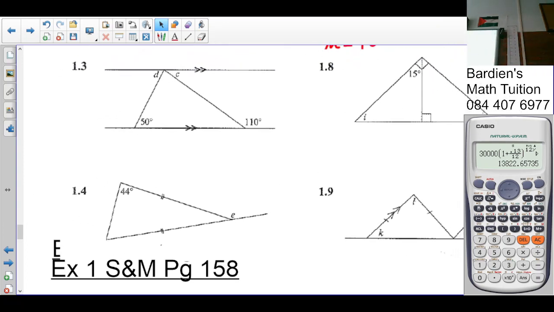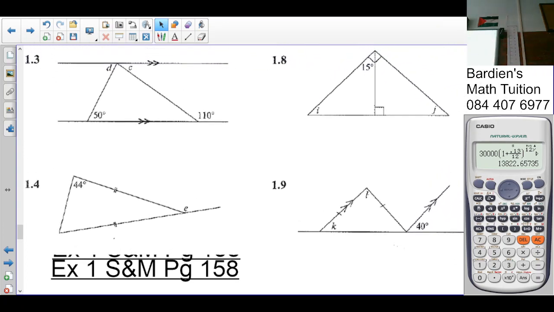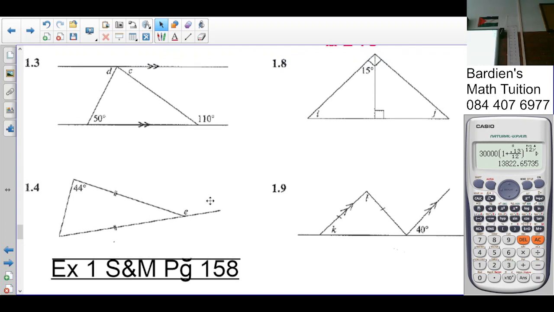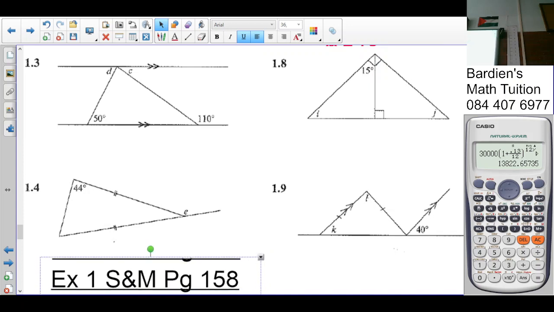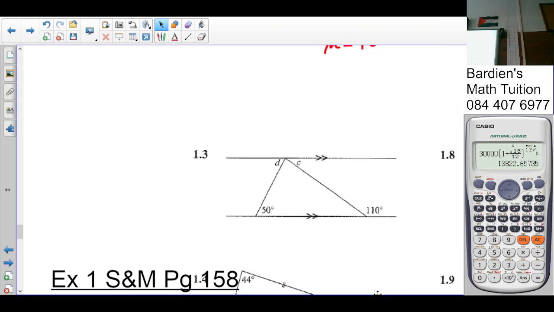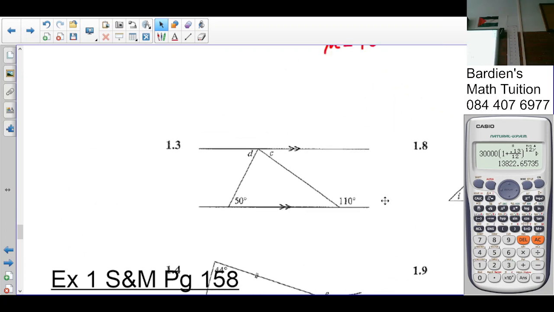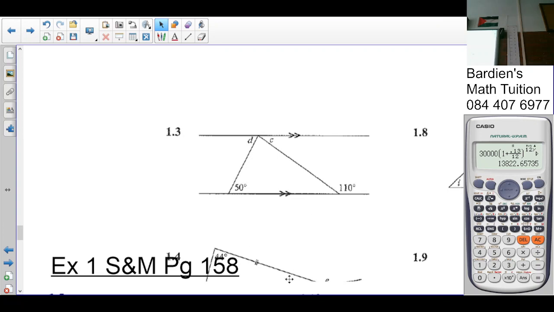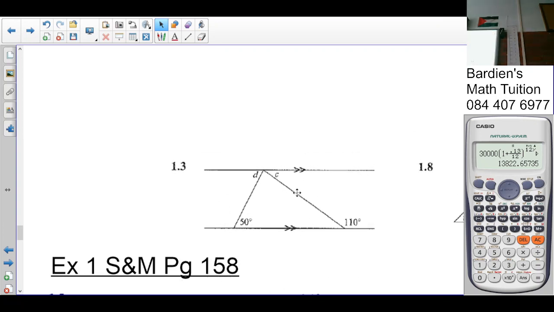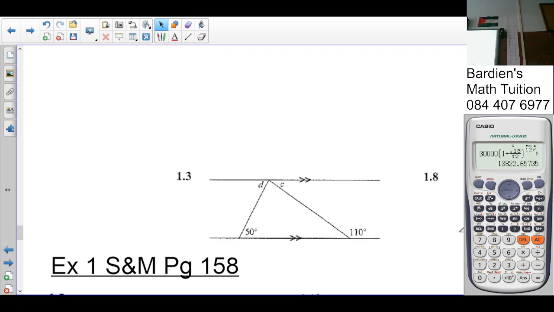Alright, let's go with 1.3. So I'm going to solve 1.3.